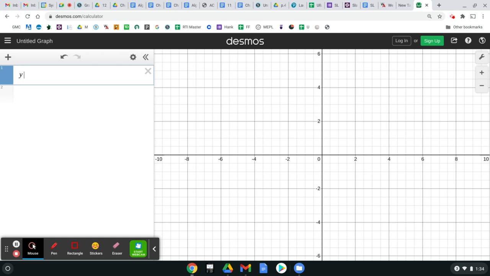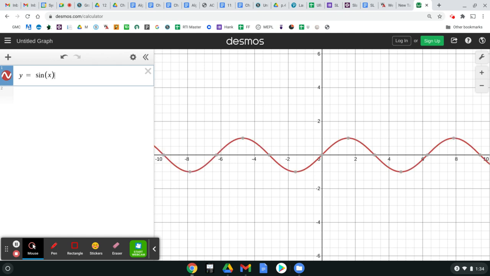So maybe even y equals sine of x. Do you see how it starts at 0, 0, just like we said? And then after pi over 2, it's at its maximum. After pi, it's at 0. At 3 pi over 2, it's at its minimum. Remember that?